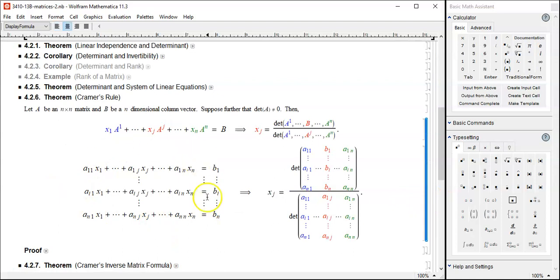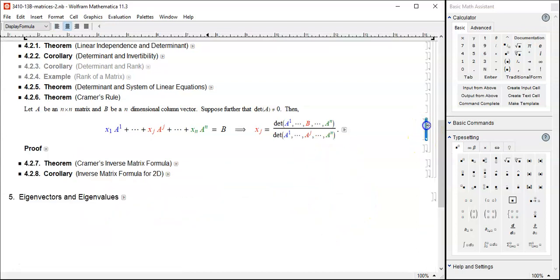If you have any system of linear equations like this, you can get all those coefficients and form them into column vectors, like here, as I did with all that color coding, and then set up the determinants and replace the jth column with the right-hand side, this part. And that's going to be the solution. So we have an algorithmic solution, as a matter of fact.